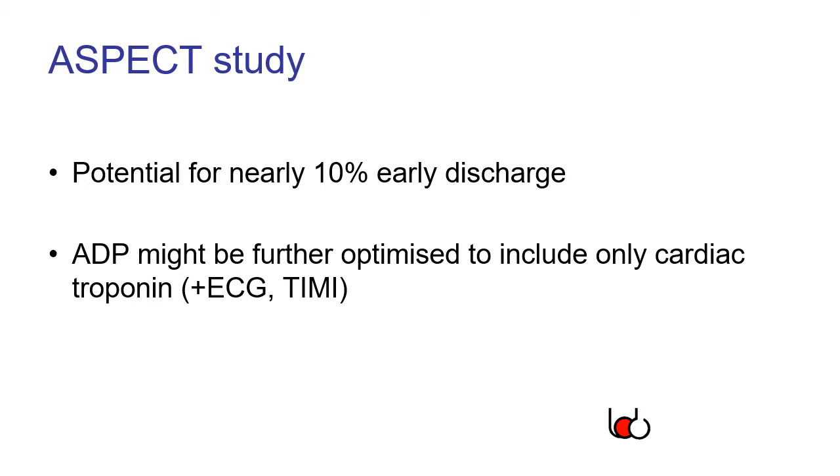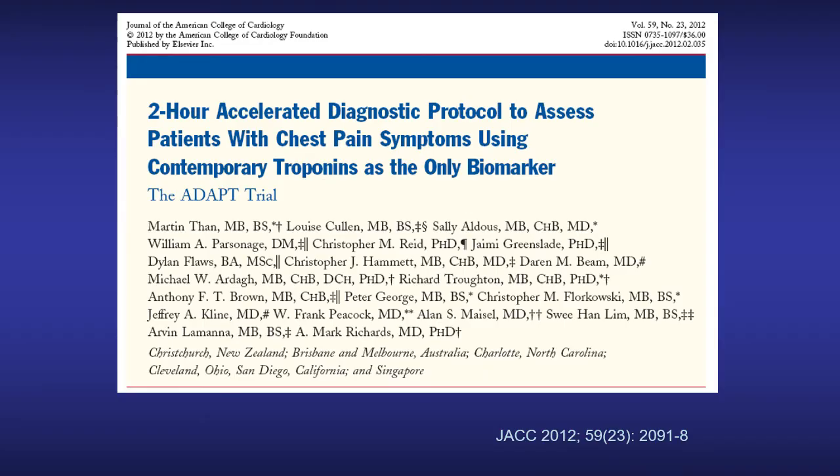The next question is whether the pathway might be further refined or optimized to include only cardiac troponins together with ECG and TIMI score. And the next step was exactly that, using contemporary troponins as the only biomarker.